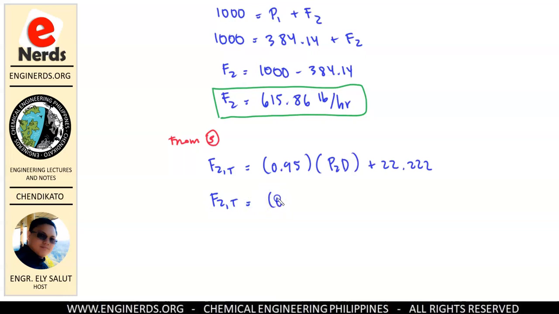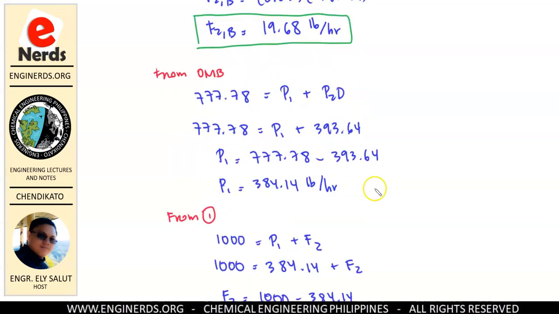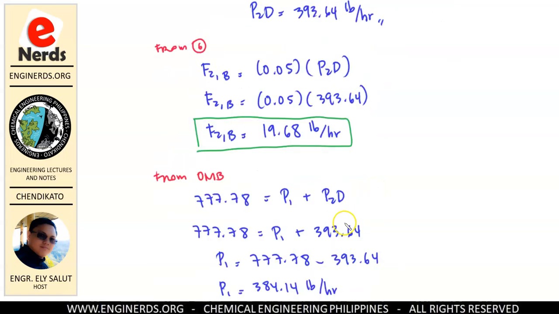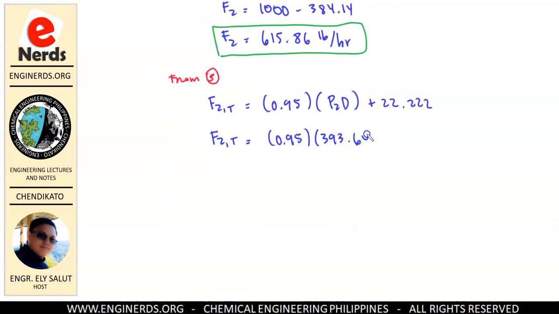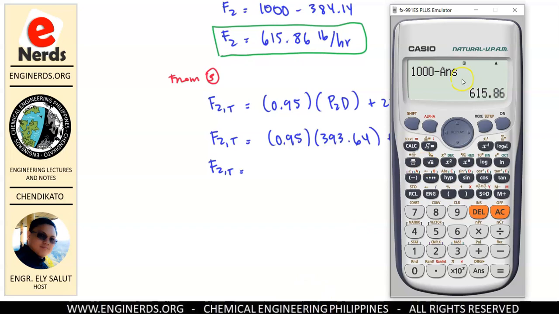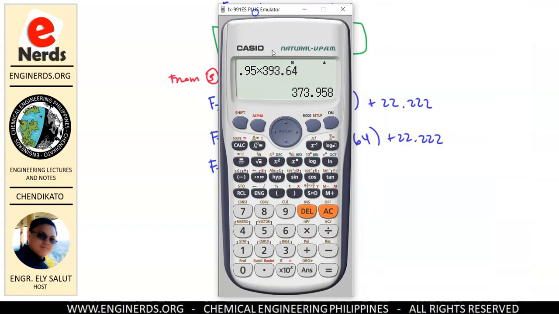F2T is equal to 0.95 times the value of P2D, which is 393.64, plus 22.222. So therefore our F2T is equal to, okay, so just again our calculator, we have 0.95 times 393.64, then plus 22.222.